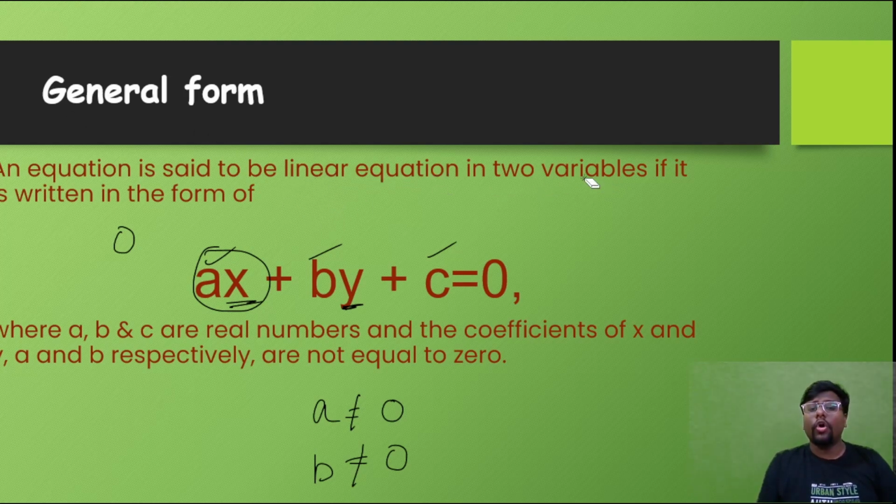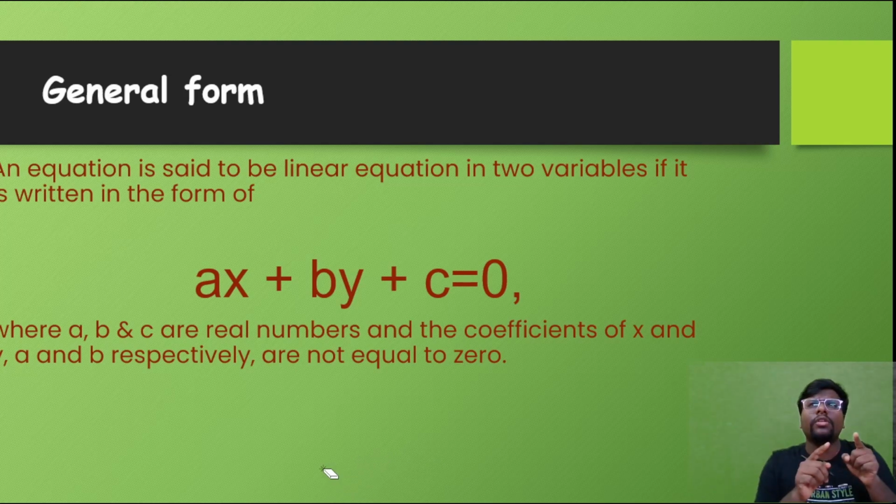Now, talking about these things, do we remember what the condition was for an equation to become a linear equation? Anybody remembers? The condition was that the power of the variable must be 1. This is a must.